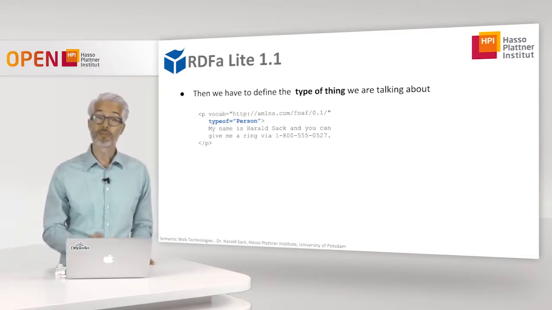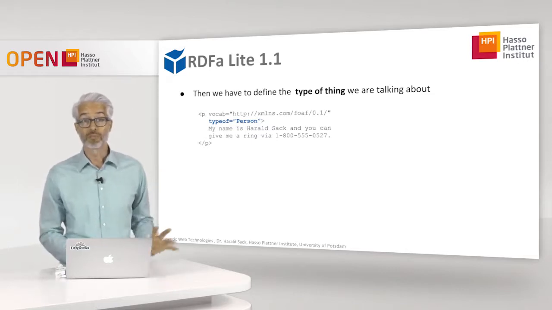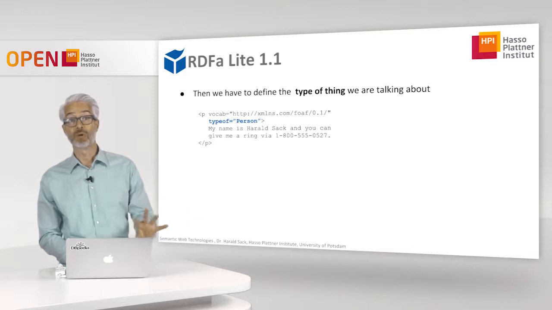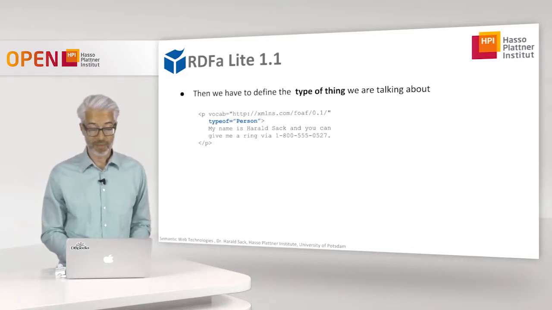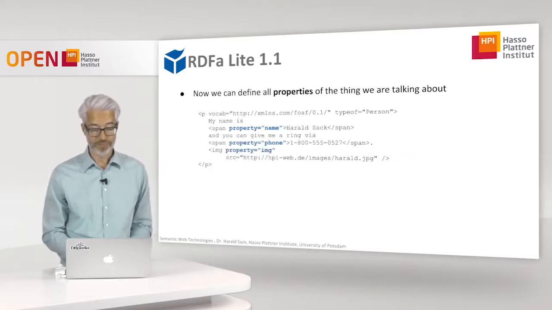So I use the typeof keyword and say this one is a Person. And Person, of course, is a class from the FOAF vocabulary, so I have the namespace right above. Okay, so I have the vocabulary and I already say what I'm talking about. So I have a type definition.